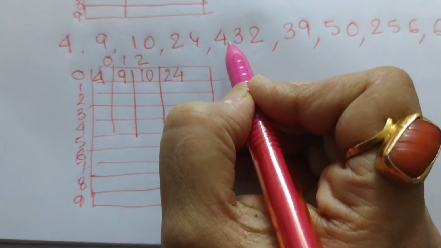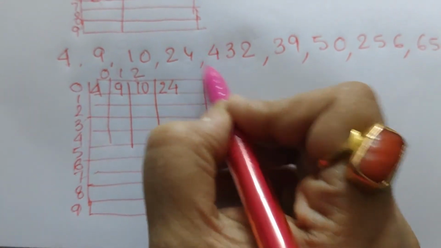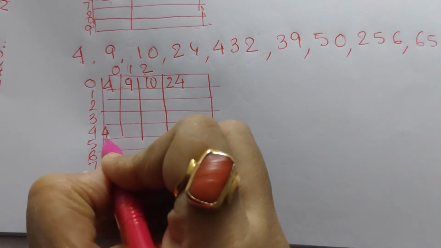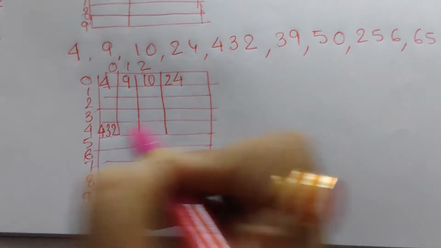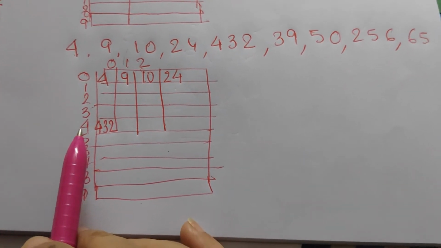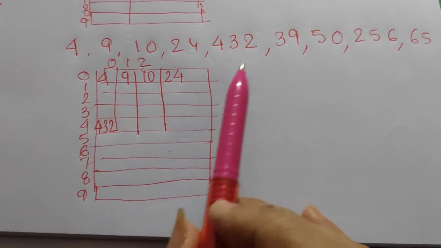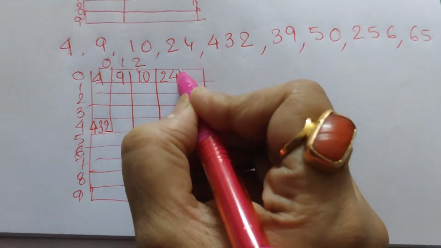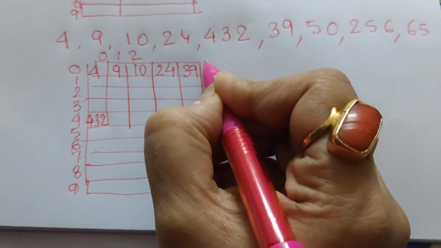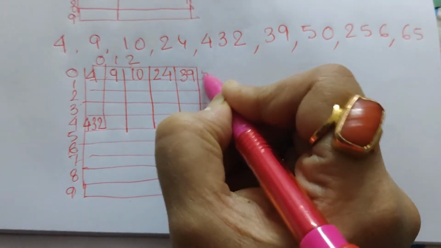432 is a 3-digit number and the third place digit is 4. So it will be placed as the first number in the 4th row, the row having the number 4. 39, again it will be placed in the 0th row. 50, 0th row.